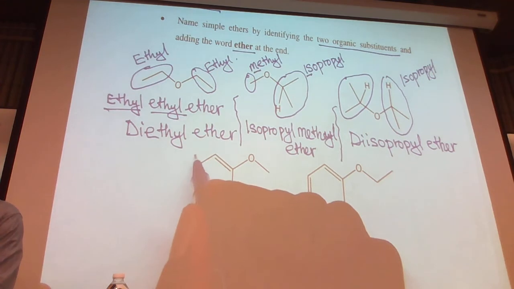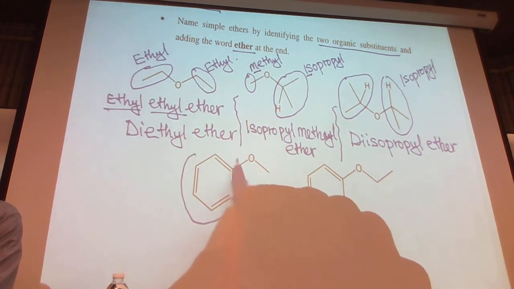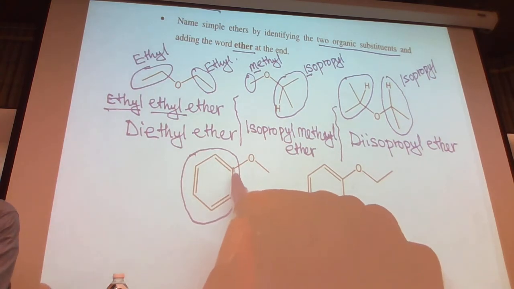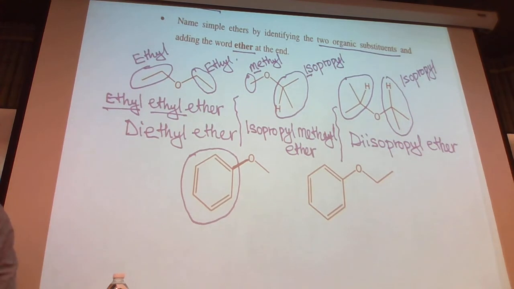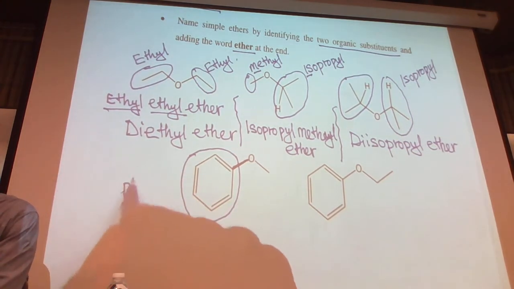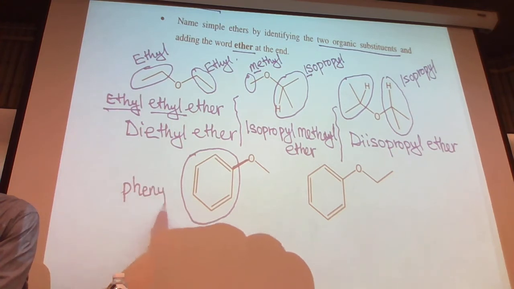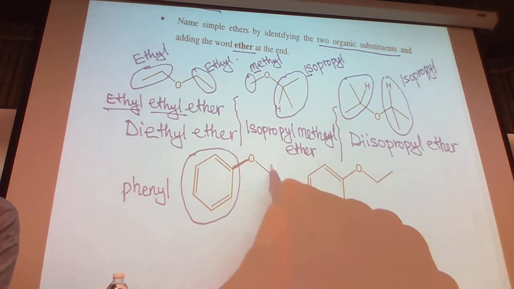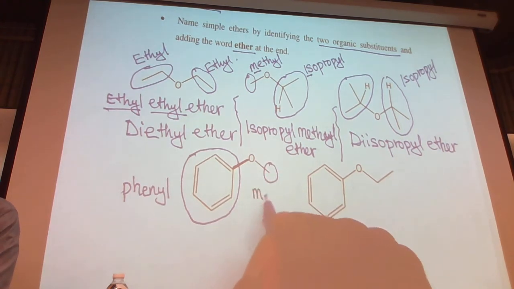Now, this is a benzene ring, but one of the hydrogens has been removed to connect that carbon to the oxygen. So it's no longer benzene, it is called phenyl. And over on this side is a methyl.